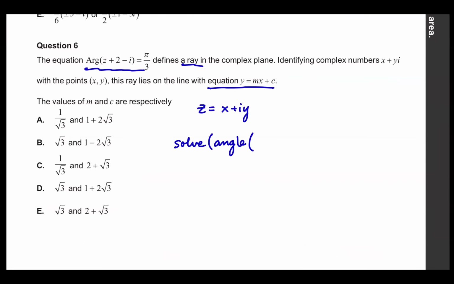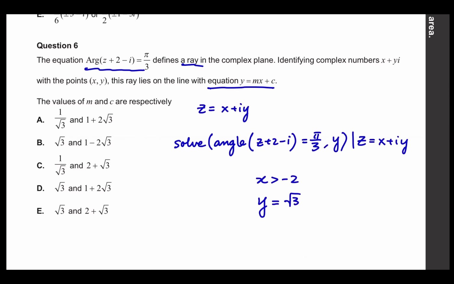On the TI, you should be able to solve angle of (z plus 2 minus i) equals pi over 3, comma y, given that z equals x plus iy, okay? And once you get this entry on your CAS calculator, you should be able to get x greater than minus 2 and y equals root 3 x plus 2 root 3 plus 1. So the gradient m is root 3 and y-intercept c is 2 root 3 plus 1. Option D.